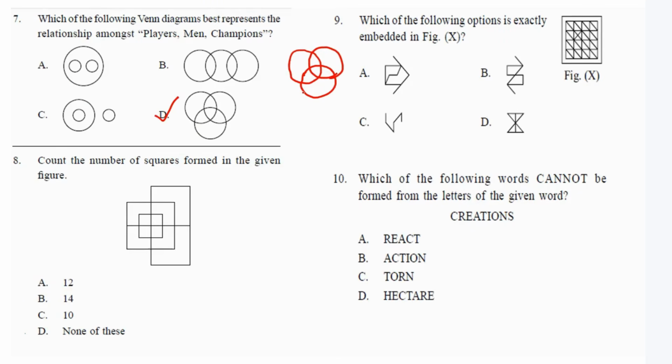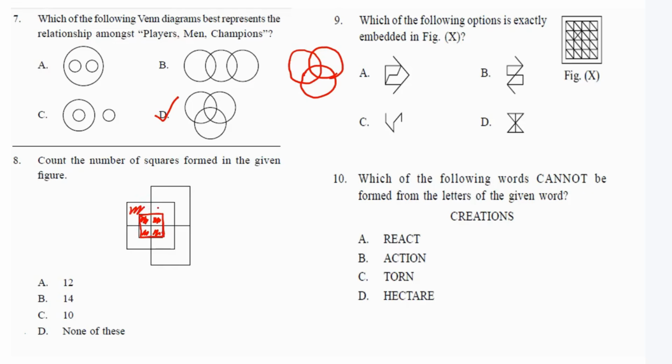Coming to question number 8. In question number 8, it is asked, count the number of squares formed in the given figure. So if you see, starting from the smallest, this one, so here, this is 1 square, this is 2, this is 3, this is 4, and the total of this is 5, correct? This is 5. Same thing with the bigger one.